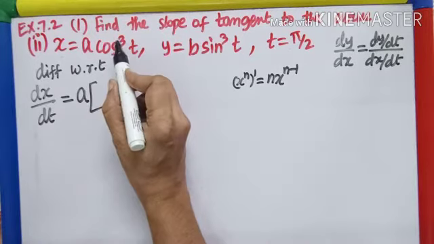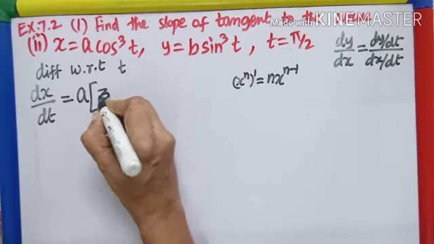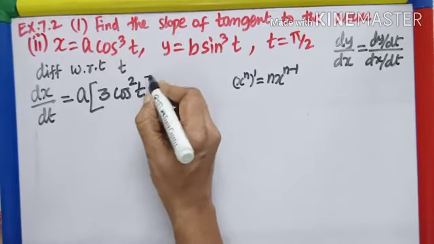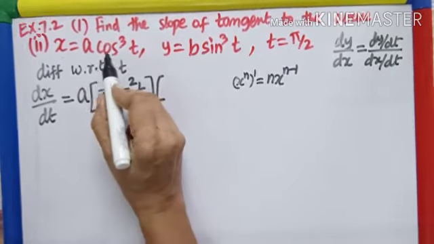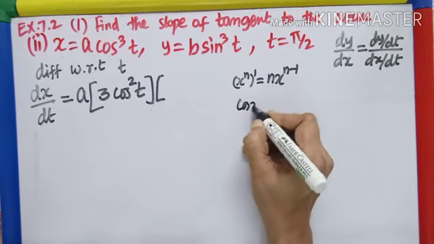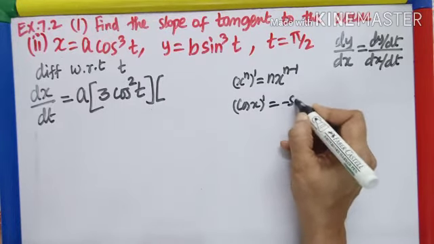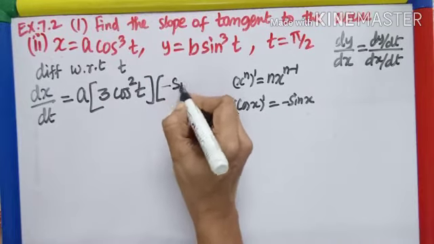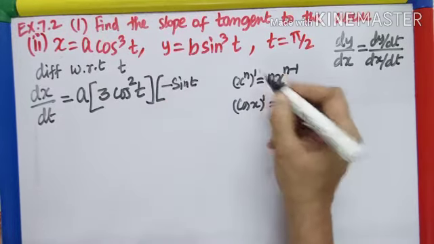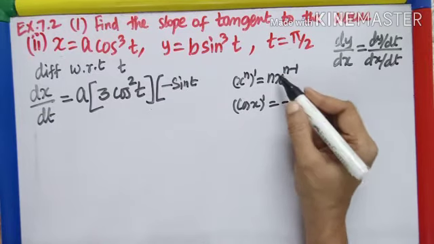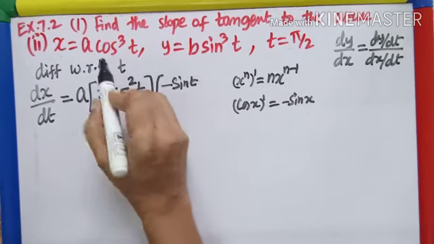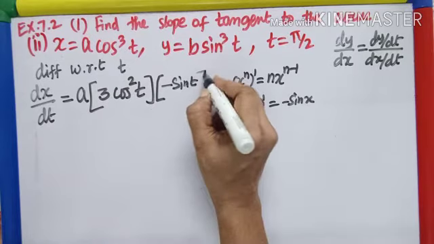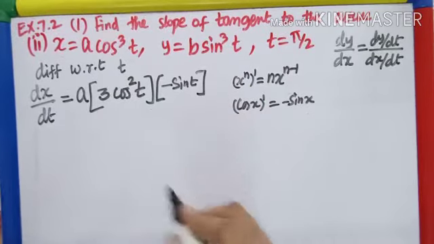So, cos power 3 t will become 3 cos power 3 minus 1, that is 2, t, into cos t derivative. Cos x derivative is minus sin x. So, cos t derivative is minus sin t. See, the formula I wrote is what we learnt last year with x. But here it is all with t. So, apply the same thing for t also. Instead of x, t will come now.